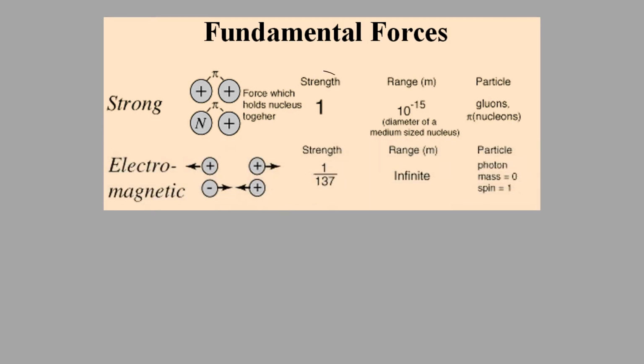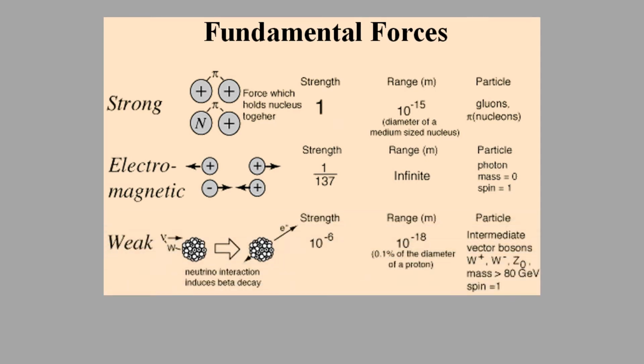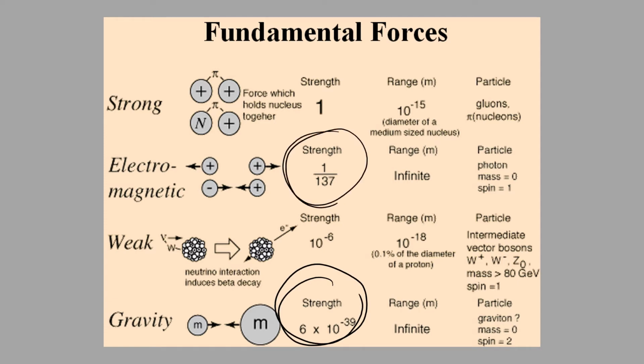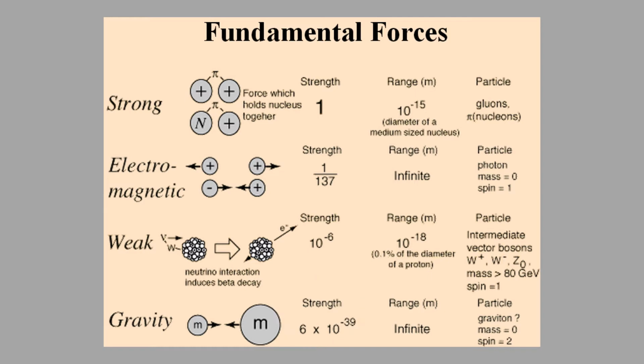If the strong force has a strength of 1, the electromagnetic force has a strength 1/137th as big. And then the weak force is much weaker. Ooh, you probably thought it was gravity. No, gravity's way at the bottom. Look how small gravity is compared to the weak force or even the electromagnetic force. Gravity is actually relatively weak compared to the other fundamental forces.